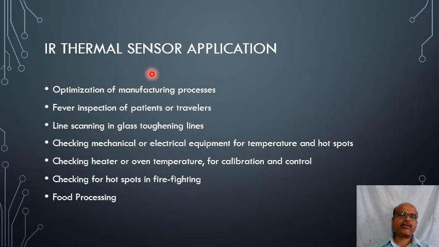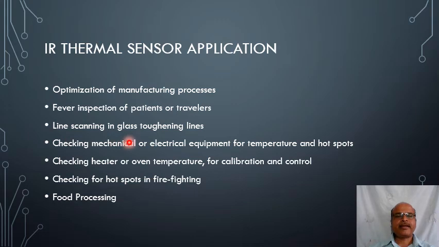So the applications of this IR thermal sensor: first is optimization of manufacturing processes, then fever inspection of patients or travelers. In today's life, this fever inspection is very important. You can observe in this corona situation, for this fever inspection purpose, many offices use IR temperature detectors.